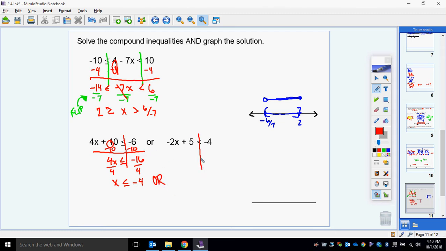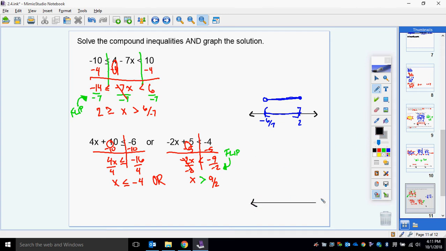And I need to solve this one as well. But now I am dividing by a negative. So my rule is I need to flip the direction my inequality symbol is facing so that it's opening up the other direction. And it says x is greater than 9/2, positive 9/2.